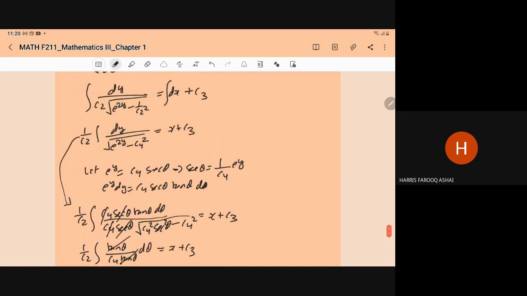And what is theta? Theta is 1 upon c5, and theta we have assumed as sec inverse of 1 upon c4 e to power y.